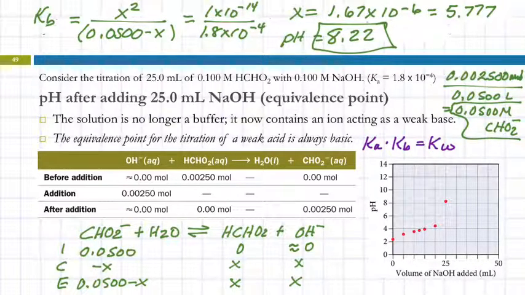Took way longer than it should have, but we got there. I got there, in spite of my screw-ups. So there's a lot of pieces to that. That's at the equivalence point.